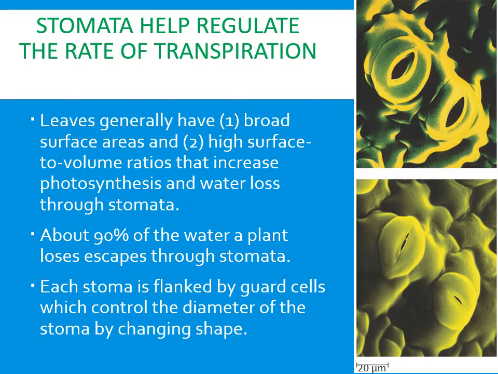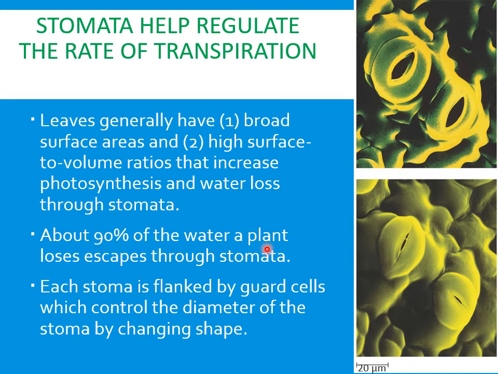Okay, alright. So stomata. Now the next one is we're going to talk about the role of stomata, which plays a very important role in transpiration. It regulates the rate of transpiration. So this is what they call microscopy. Electron microscopy shows the stomata open and the stomata closed.